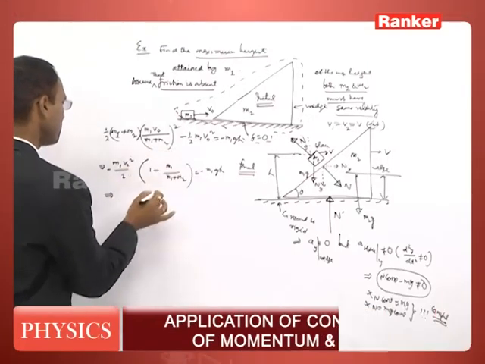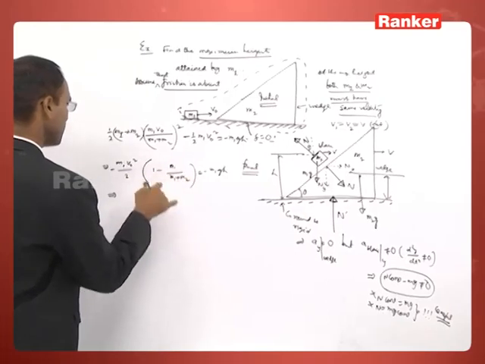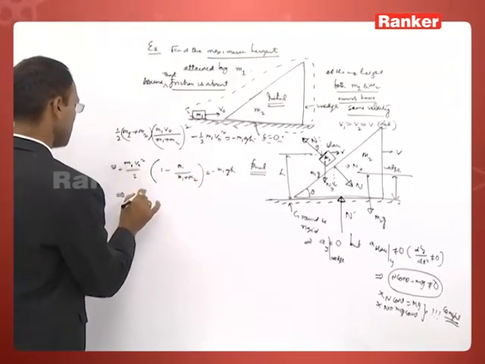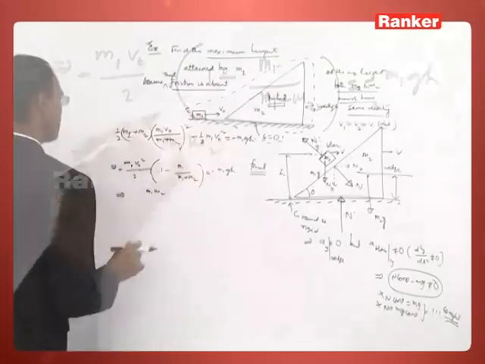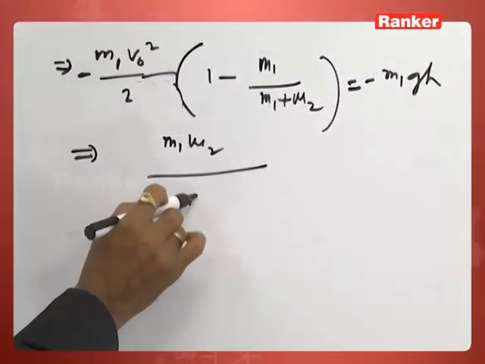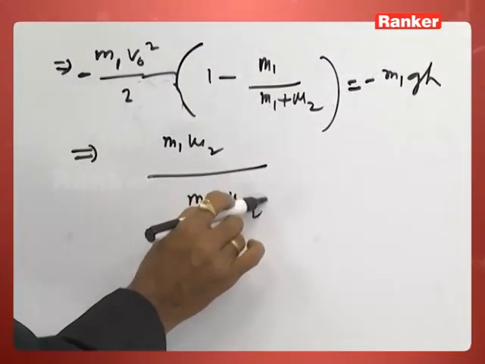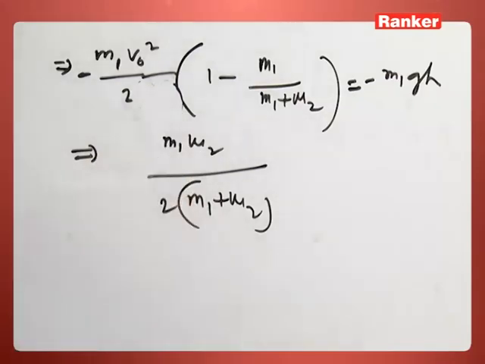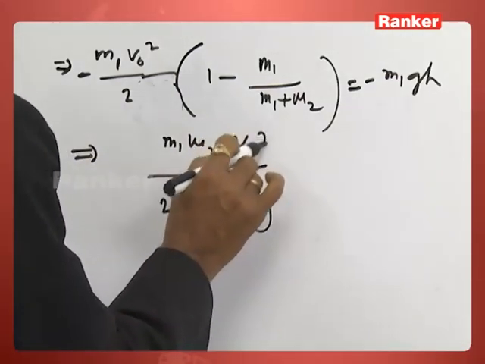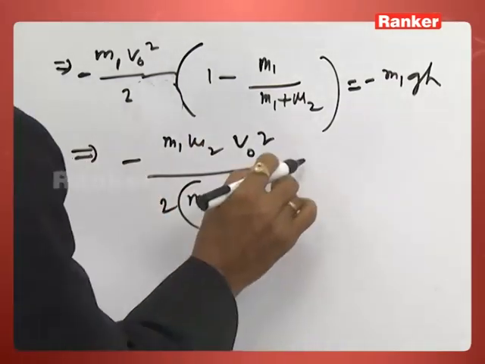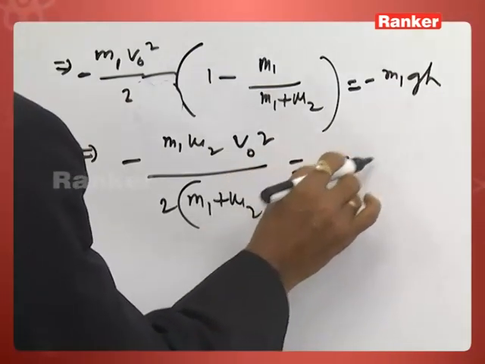If you simplify the term, (m1 plus m2) minus m1 will be equal to m2, m2 into m1, that is m1m2 by (m1 plus m2) by 2 into v0 square, negative of this is equal to minus m1gh.